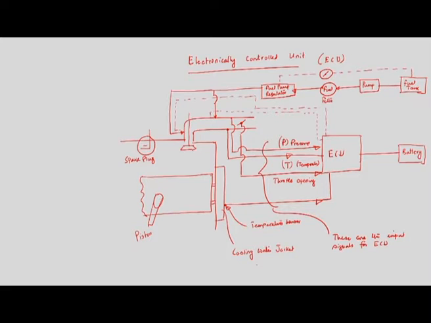So, the input signals to the ECU are the pressure, temperature and percentage throttle of the intake manifold. That means the pressure and temperature of the air being introduced into the cylinder, and also the temperature of the cooling water jacket.